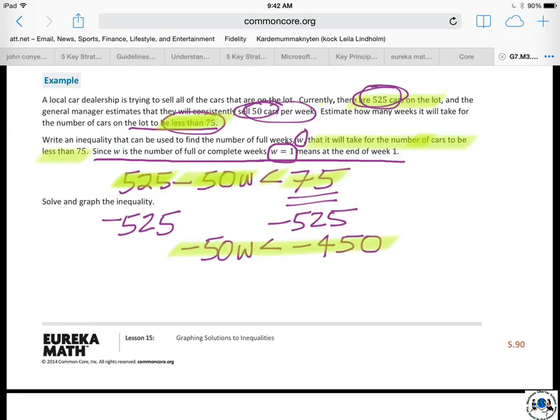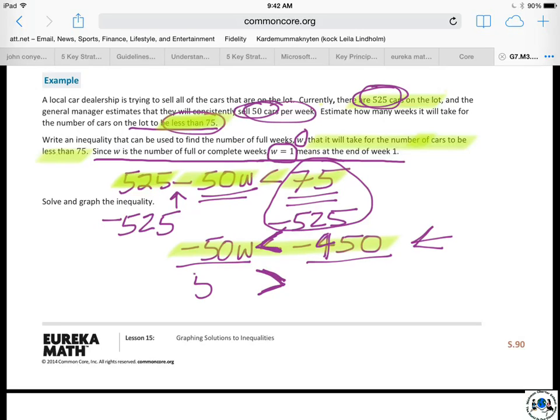Remember, when we multiply by negative numbers, we are reversing the inequality. So we can flip our inequality sign now.